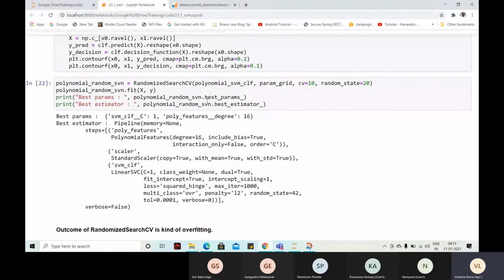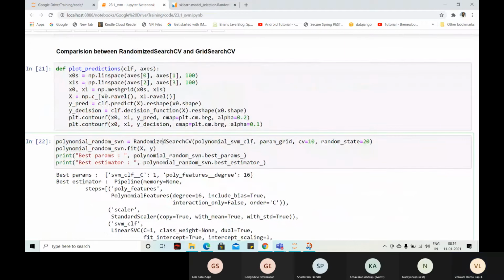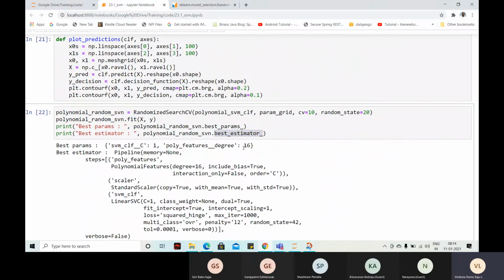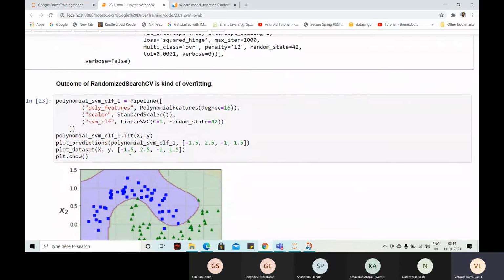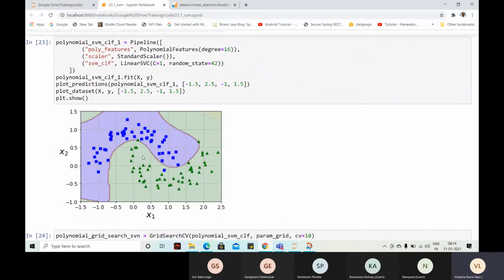So here with RandomizedSearchCV, we found the best parameters and best estimator. See, these best parameters are C=1 and a 16-degree polynomial is the best model. I have taken this graph code from Aurélien Géron's book.